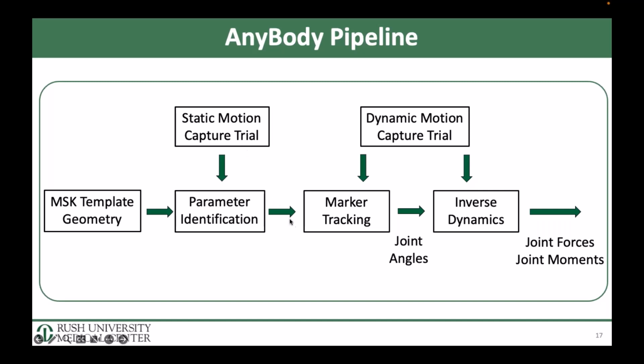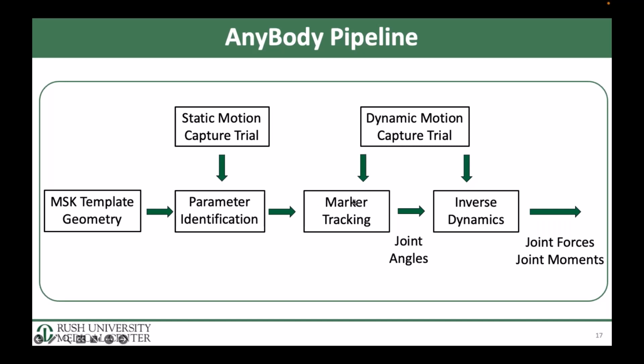And that's also the input for the next step of the pipeline, which is the marker tracking or inverse kinematics. Marker tracking receives this scaled body model, and also a dynamic motion capture trial. This is again a C3D file, and in this specific file, the subject is performing a specific motion task, like gait.